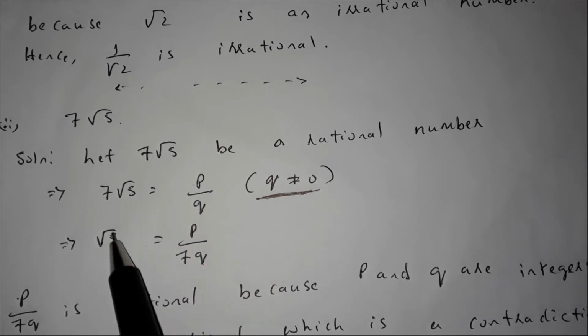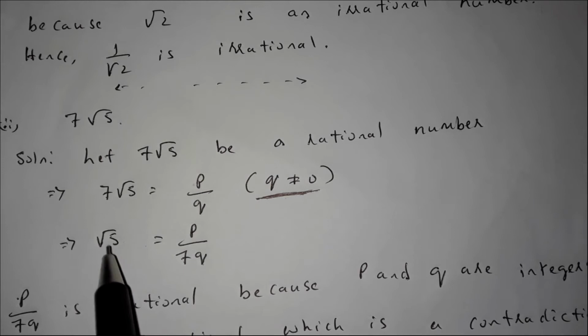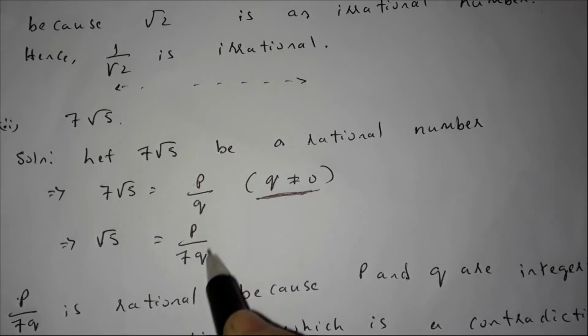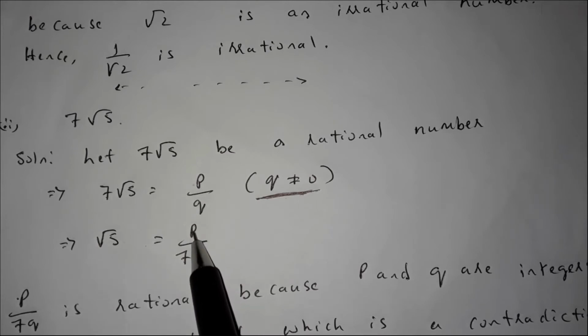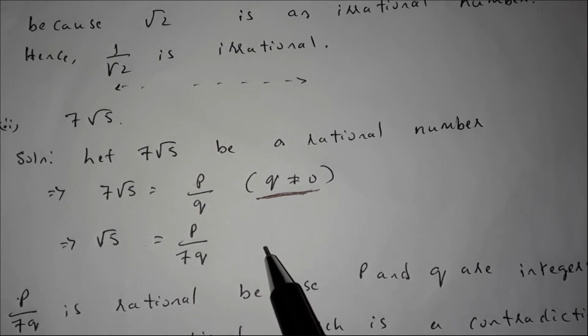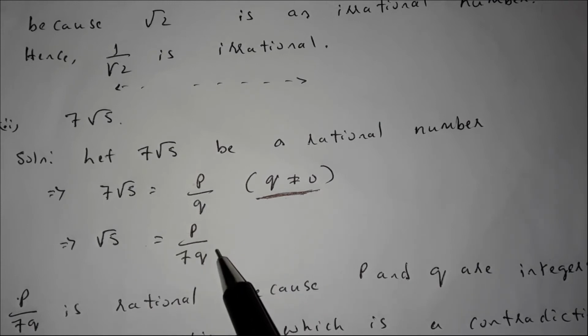The most important thing is that we know that 7 alone, p and q, are integers, and this is a rational number. We have to consider root 5. So root 5 is not a rational number. Whatever the value of p and q be, you will get a perfect fraction of integers.